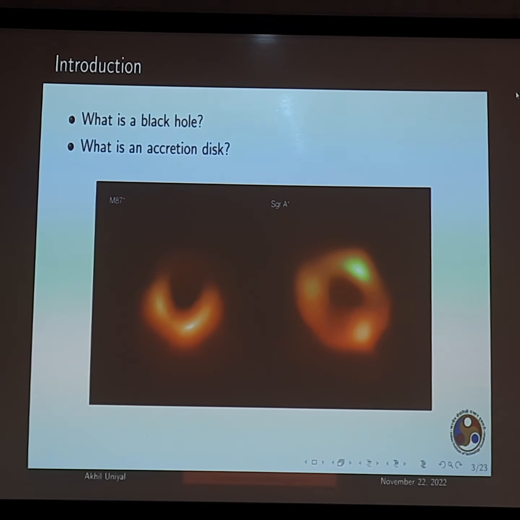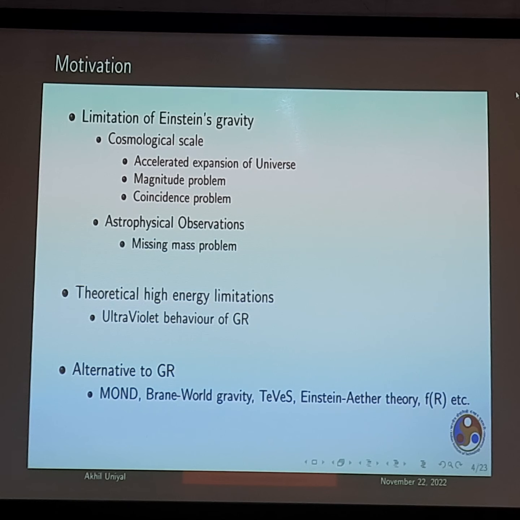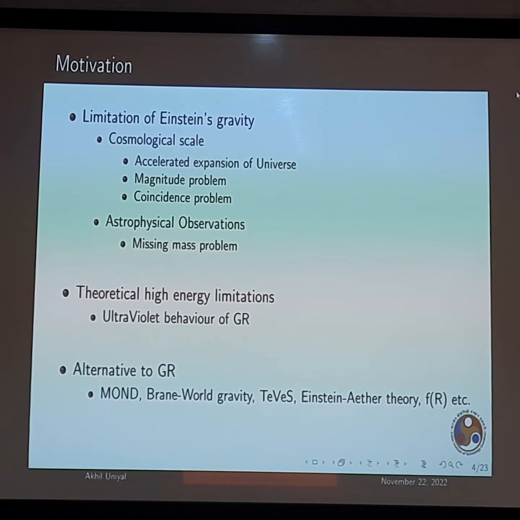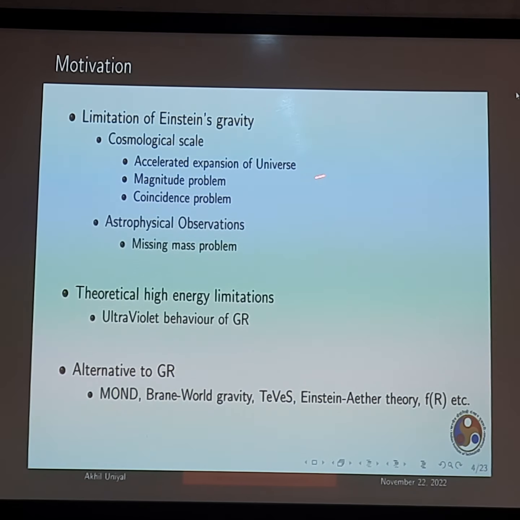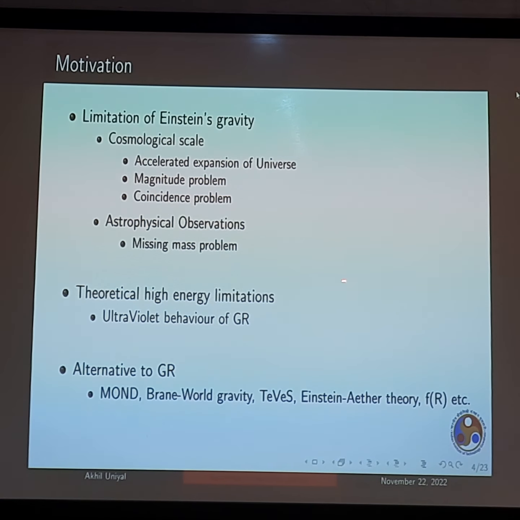Now the question is, why do you need modified gravity? Professor Sanjeev already mentioned this, but I will explain quickly why it is needed. There is a limitation of Einstein gravity at the cosmological scale. It cannot explain the accelerated expansion of the universe. If you want to explain it, you have to incorporate dark energy and dark matter, as in the lambda CDM model.